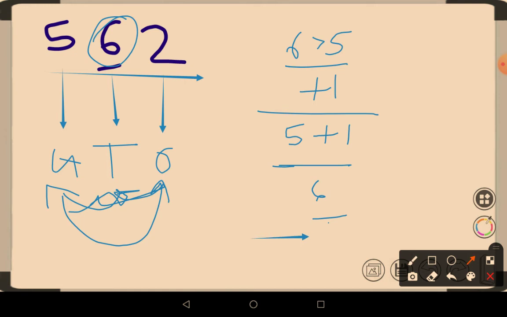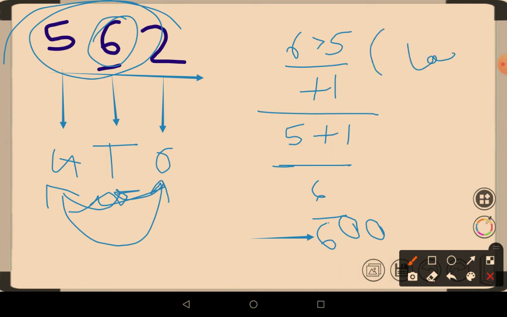My answer to be calculated is 600. You will say, how can it be 600? You see, in the first sum I was rounding to the nearest 10, but now I am rounding to the nearest 100.